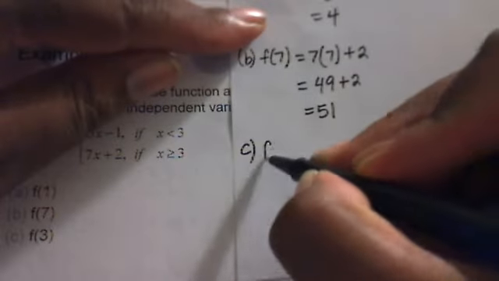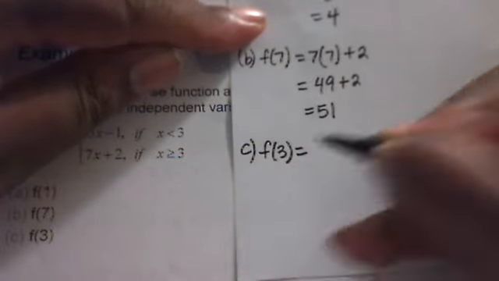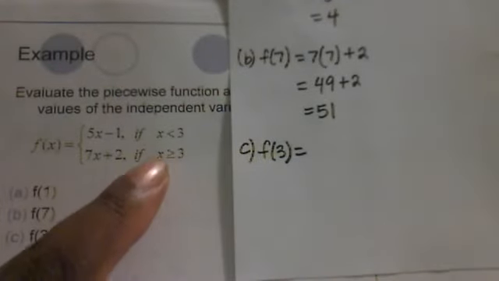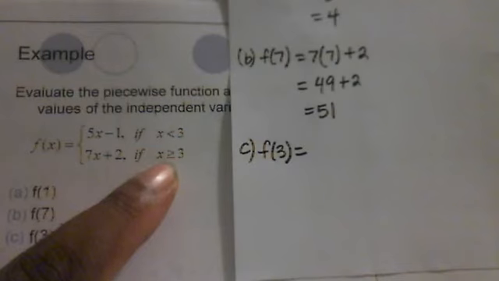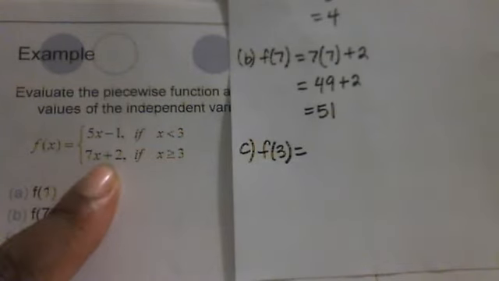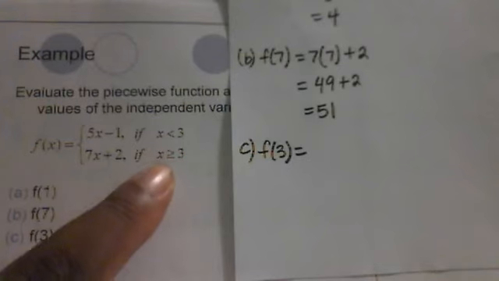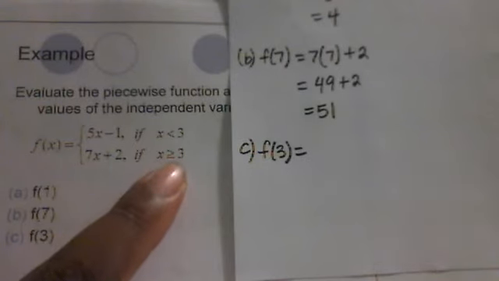And then the c part, you have f of 3. In this case, 3 is equal to 3. So we've got to use 7x plus 2 because we have the condition where x is greater than or equal to 3. That means 3, 4, 5, 6, 7 on up.